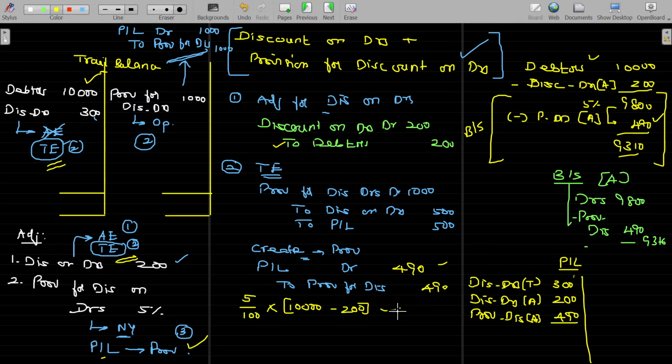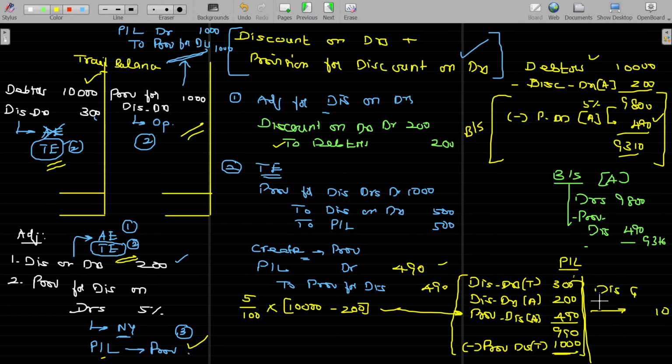Both ways you will get the same. So the overall value being 990. From there, we have the opening provision for discount given in the trial balance, 1,000. Now the value is negative, so you put that value on the credit side.